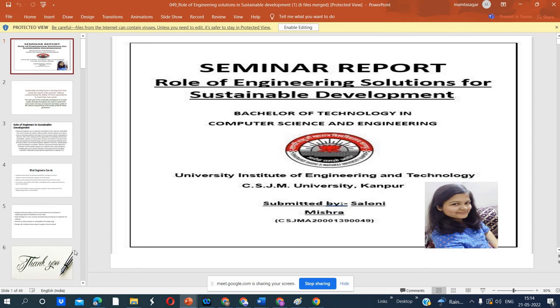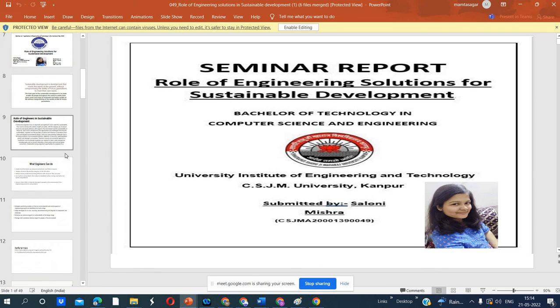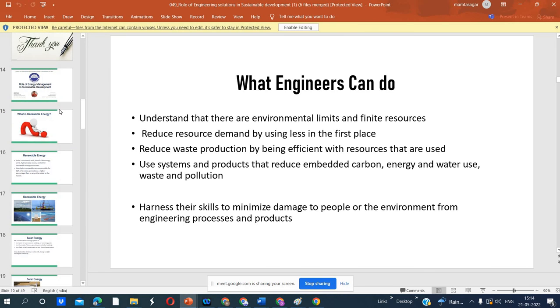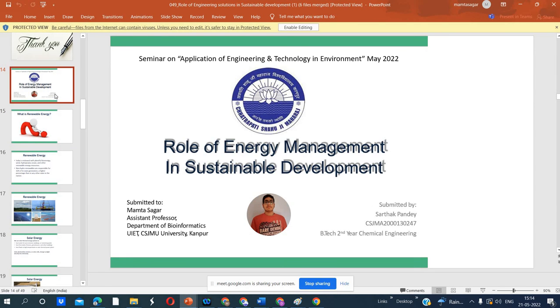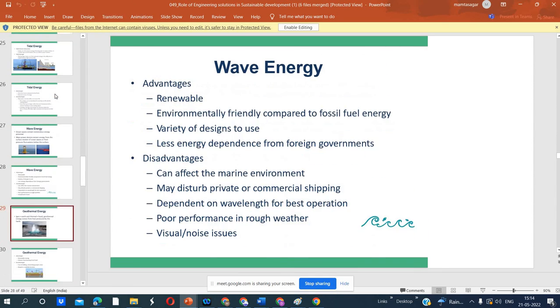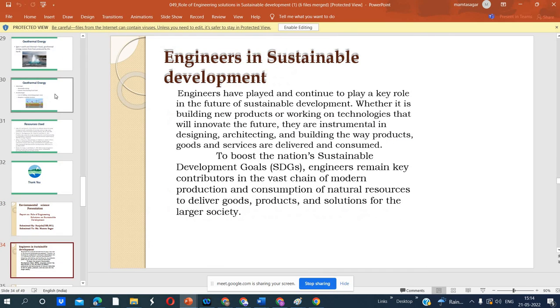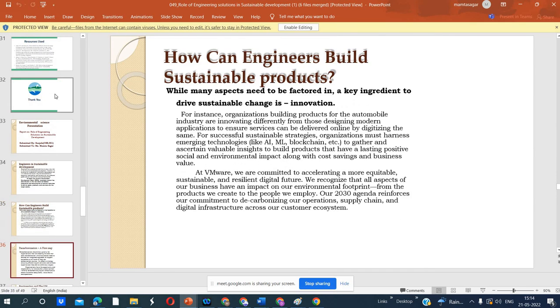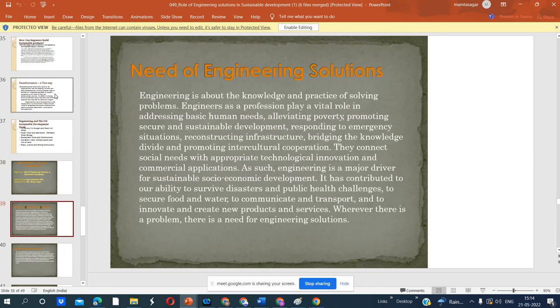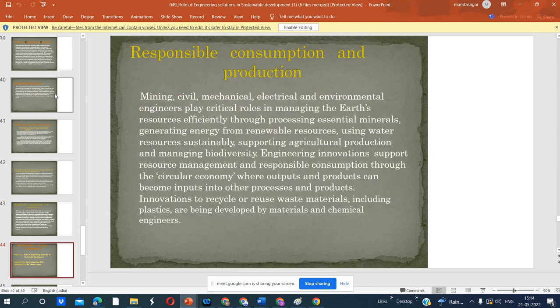Saloni Mishra has done. Sanjula is absent. If Sanjula is present here, she can present. Just message in the group. If anyone of this group wants to present, they can present now. Okay. Vijay Kishore. Sanjula and Vijay Kishore, these two students are absent.